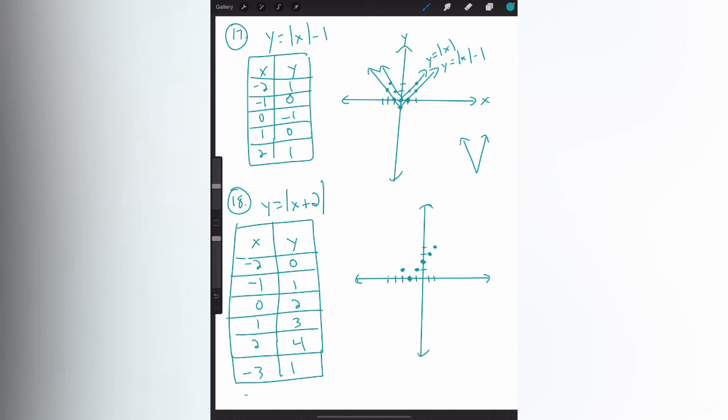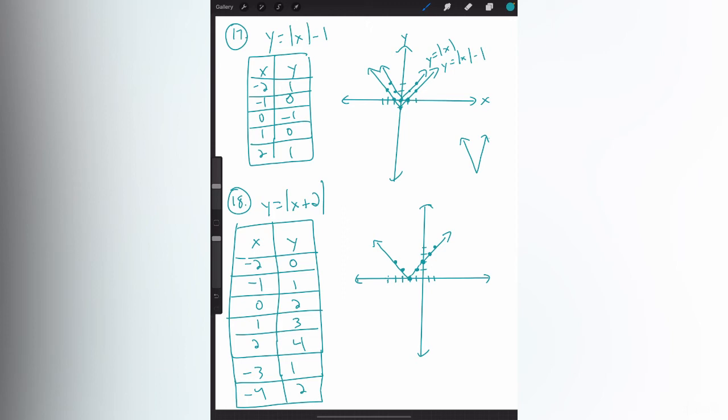And if I were to even plot one more, you don't have to, but you could if you really wanted to. Negative 4 plus 2 is a negative 2. The absolute value of negative 2 is 2. So that would give me a negative 4 up 2. Right, so that then kind of gives me the V shape that I've been looking for. That's not the best line. I'll draw another one.